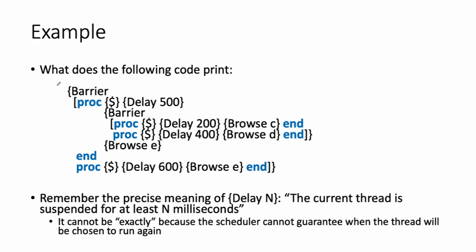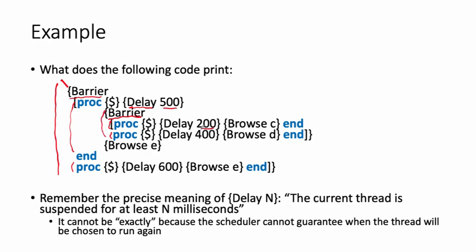Here's a piece of code running barrier, but it's nested. So here we have the top call of barrier, which has two procedures. The nested call, which also has two procedures. Notice they have delays. So the top call of barrier will do two things. The first procedure will wait for 500 milliseconds, delay 500, and then it will create two new threads.